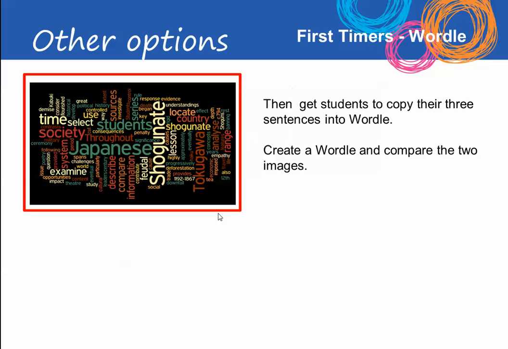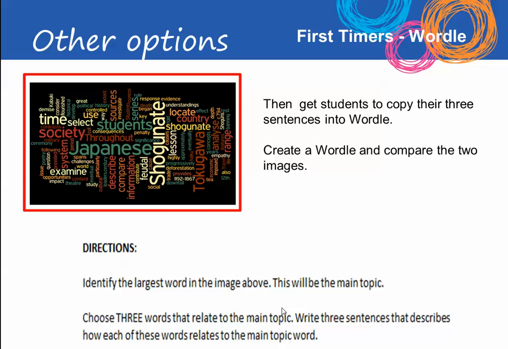Then I would get the students to go back through the whole 3-sentence process and then get them to create their own Wordle out of those 3 sentences and compare and contrast why the words are different, what big words stand out, and have that in-depth discussion.